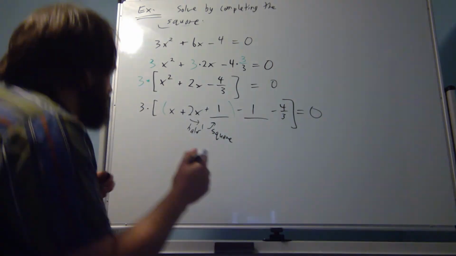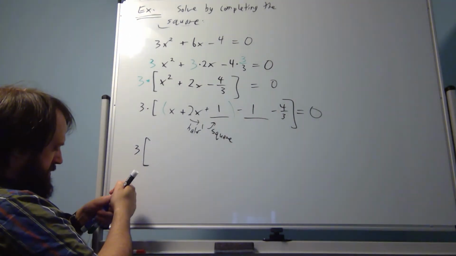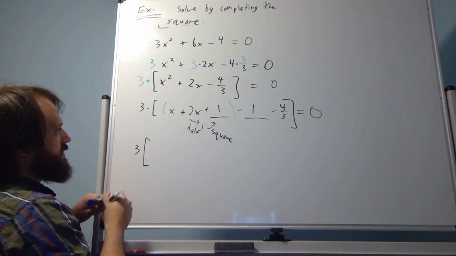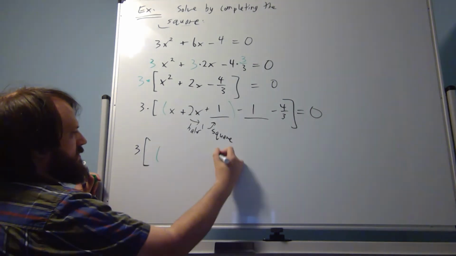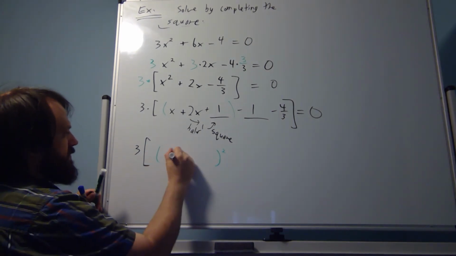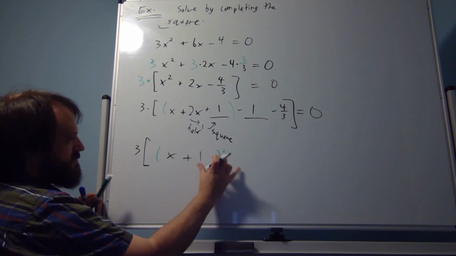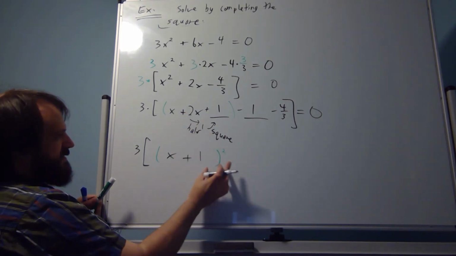And what do we get? This thing in the green parentheses is now the square of something. It's not x plus 2 squared, it's x plus 1 squared, because we get twice 1x and 1x.